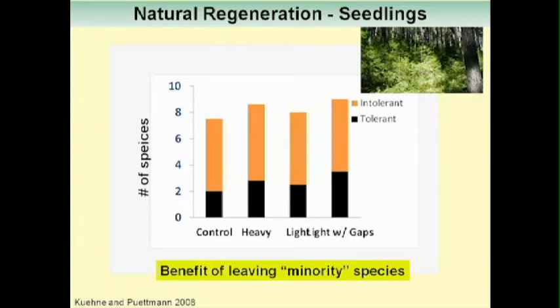Seed availability is a key factor. If you leave that occasional hemlock, that occasional cedar, that occasional maple, even chinkapin, you see that reflected in the regeneration after thinning. So there is some potential to bring other species into the mix more. Or you could look at it as some potential that other species take away from Douglas fir.